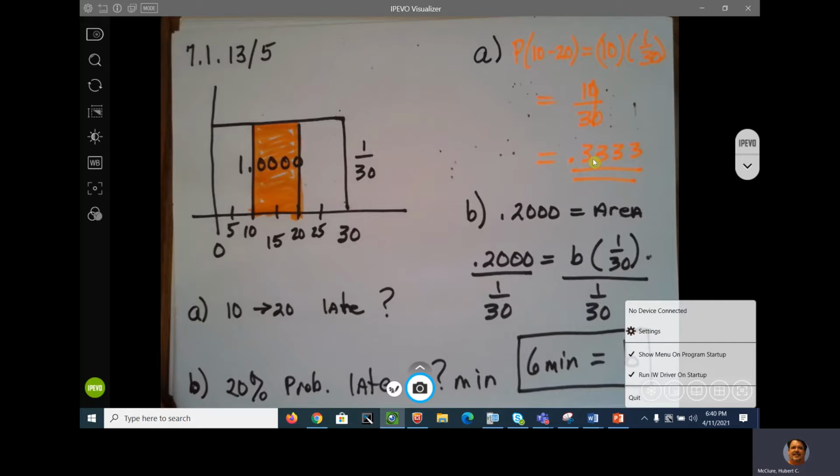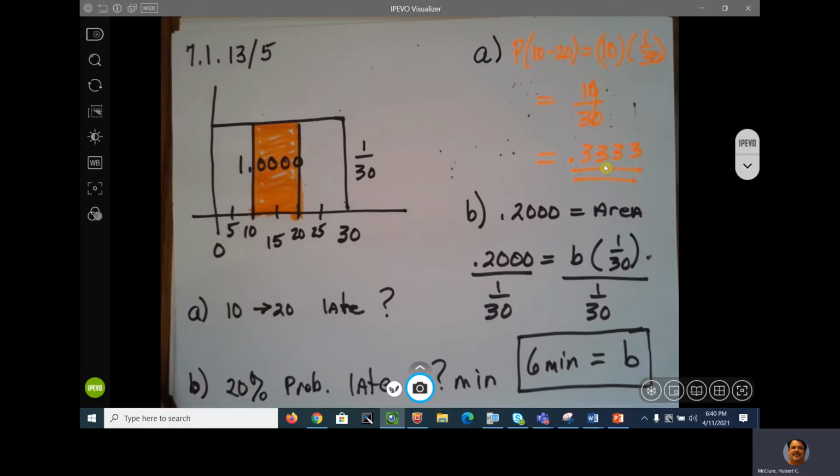So A, there's a 33% chance or 0.33 probability or 0.333 area between 10 and 20 minutes.